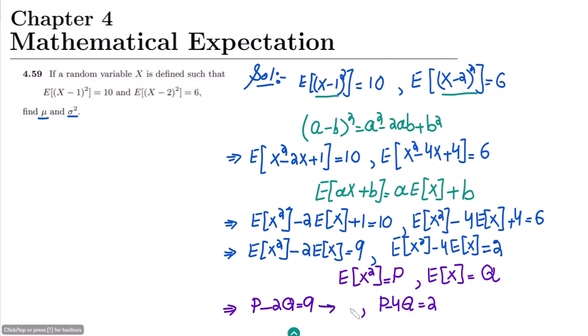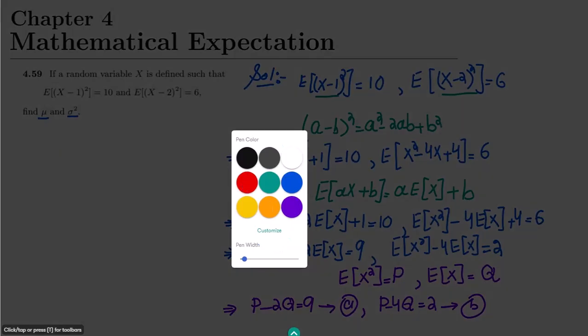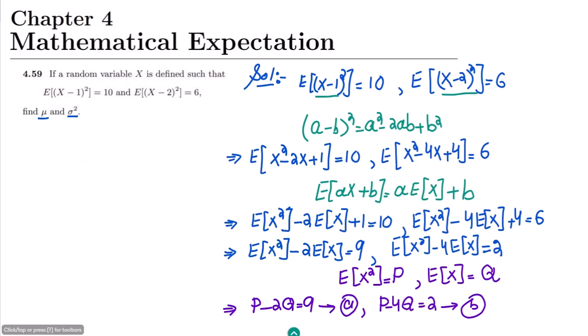Let me call these equation A and equation B. Now in order to find the values of p and q, we have to subtract equation B from equation A. We get p minus 2q equal to 9 and p minus 4q equal to 2.